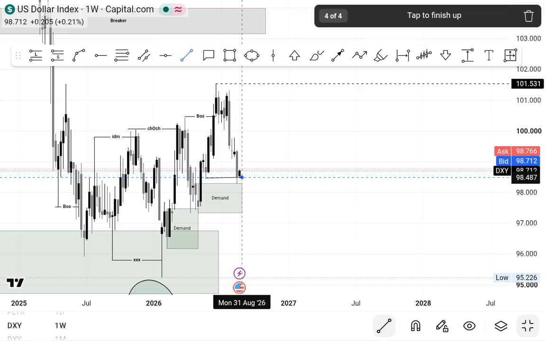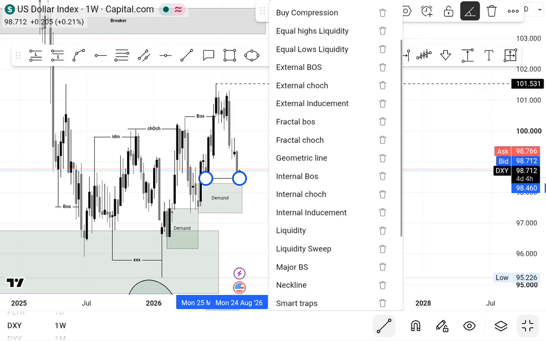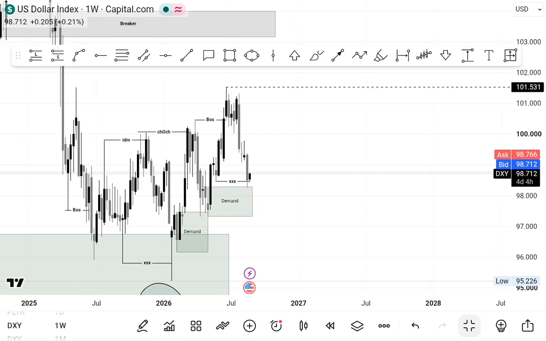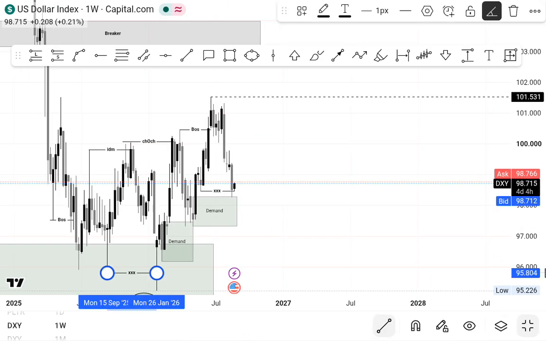you can see that we are left with a couple of hours before the market close, and as long as they didn't close below here, I will take this as a liquidity sweep, right? Just like this one.